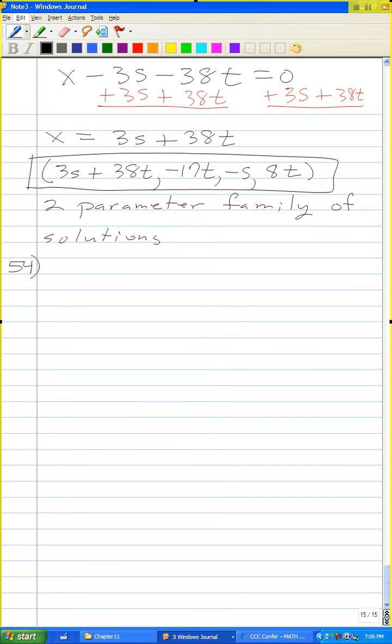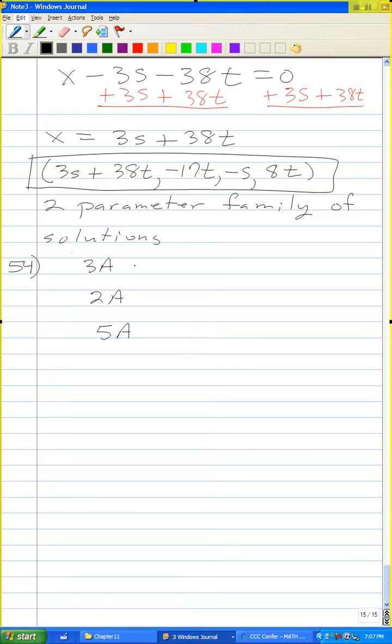So let's call A the number of units of type A, B the number of units of type B, C the number of units of type C. Type A has 3 units of protein, 2 units of fat, and 5 units of carbohydrate.